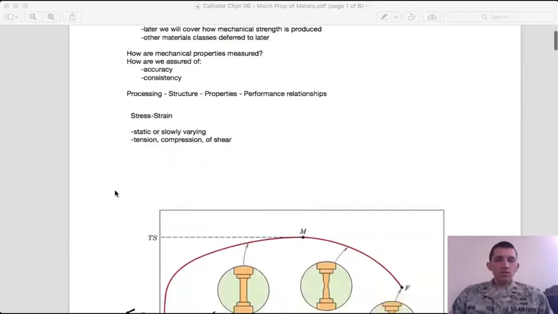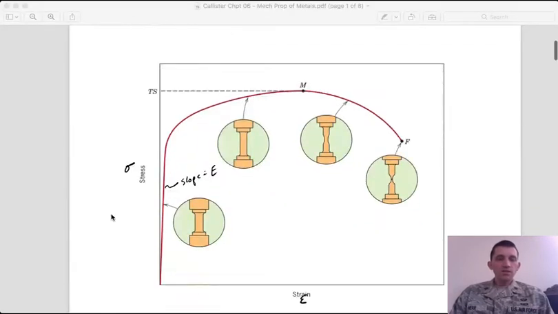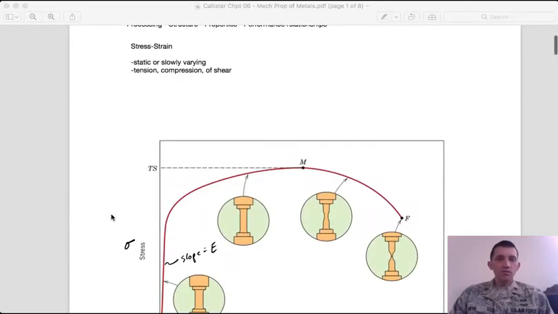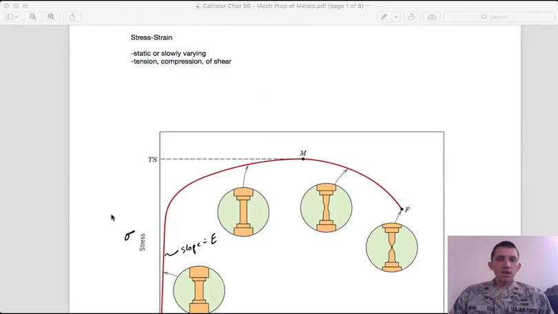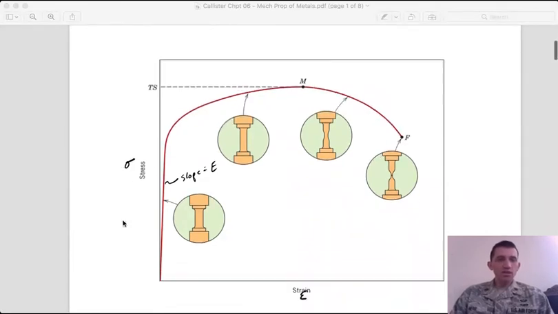The first thing to talk about in regards to mechanical properties is this curve here. This is an example of what we call a stress-strain curve, and this is produced by applying a stress to a material sample, so that would be the y-axis, and then measuring the response of that sample to that stress in the form of strain.